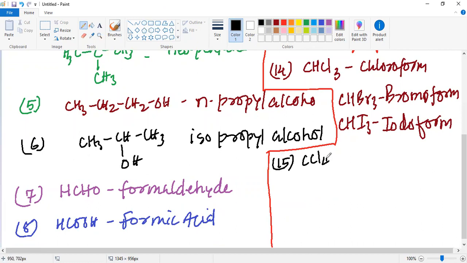If we have CCl4, we will call it carbon tetrachloride. This is also a common name. So these are the various common names that we can study, my dear students.